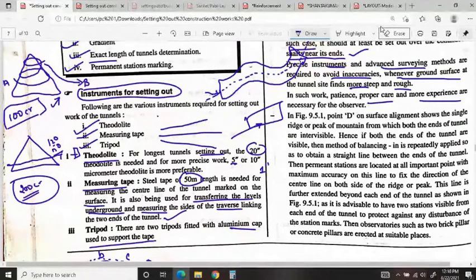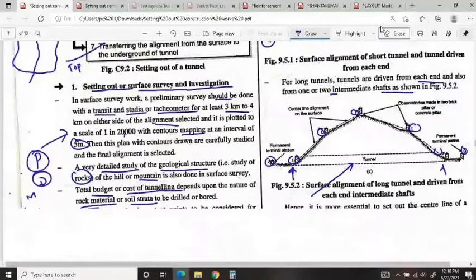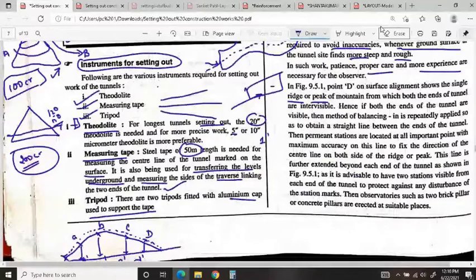Okay, in the above figure, the surface alignment shows a single ridge or a single peak. You see, here we have only one ridge point, a ridge or a peak of a mountain from which both ends of the tunnels are intervisible. Hence, if both ends of the tunnel are visible, then the method of balancing, as you did in direct ranging.